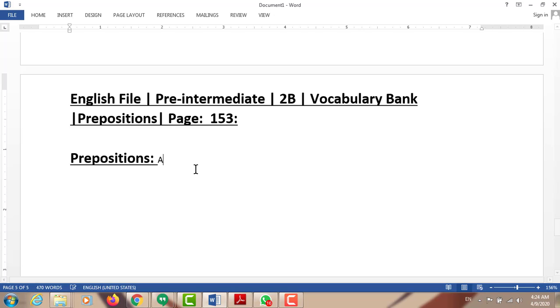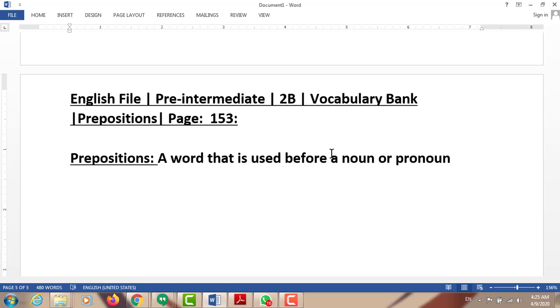What is a preposition? It says: a word that is used before a noun or pronoun.